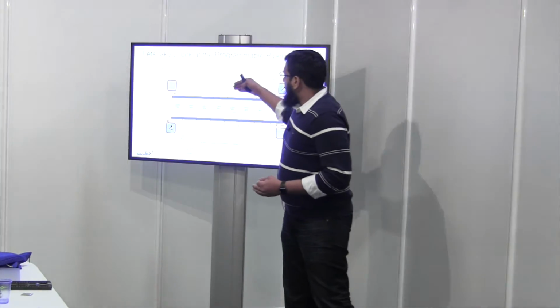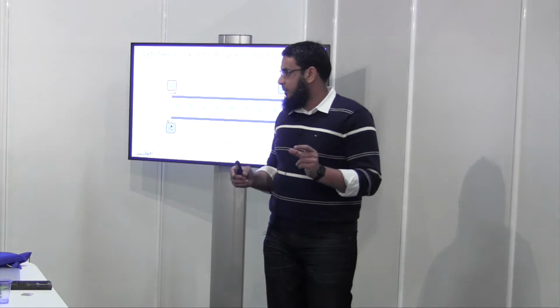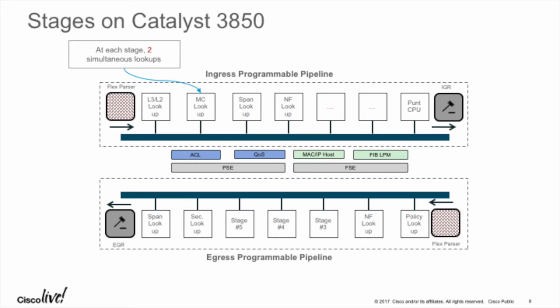So those decisions are kept in the packet descriptor that we have. And the packet descriptor will take all these different decisions to the IGR. And the IGR then will decide what to do with this packet. Now remember, the entire packet is sitting in the packet buffer. So the packet descriptor will go to that packet, get attached to it, and then the whole packet starts to move from that point onwards.